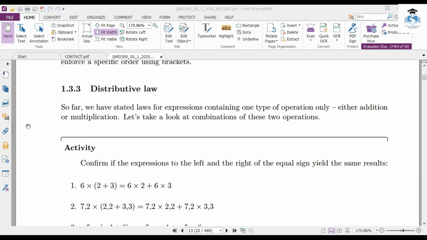So 6, then 2 plus 3, that's 5, right? 6 times 5, we've got 30 on this side. What about here? 6 times 2, we've got 12, plus 6 times 3, 18. 18 plus 12, that's 30.